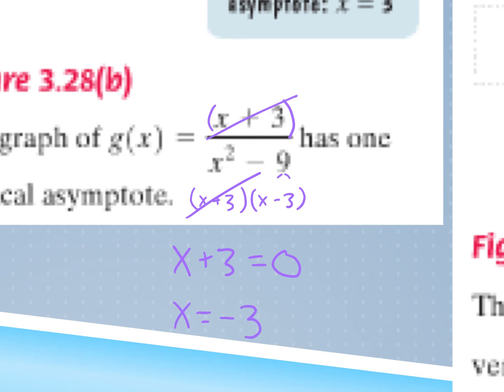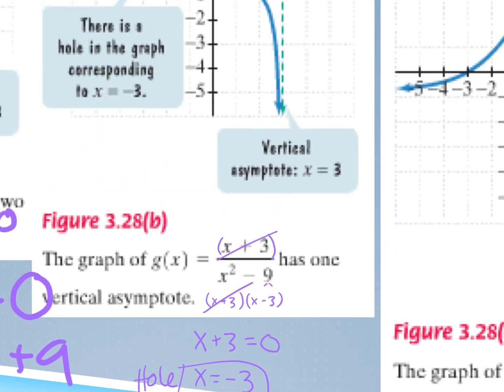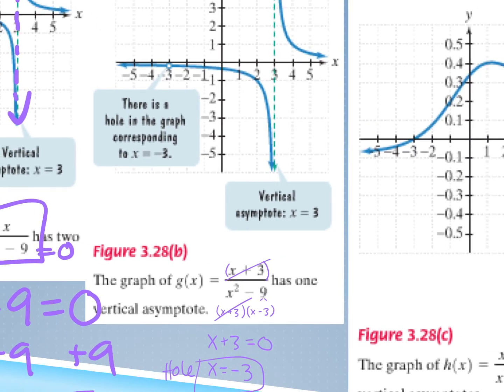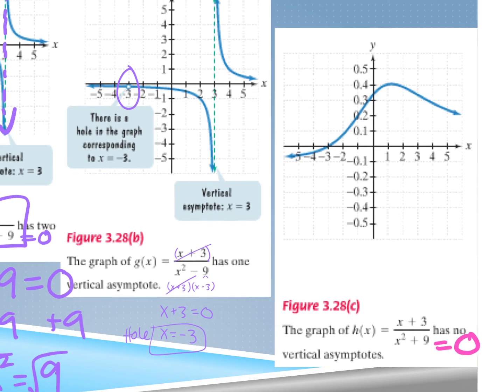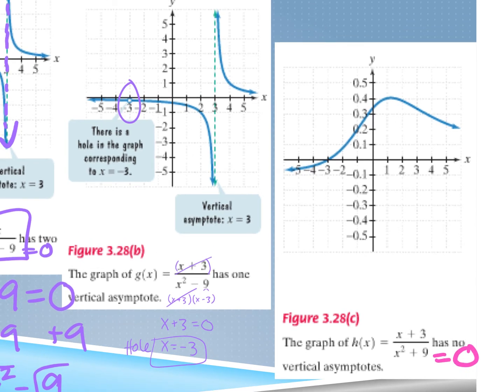So at negative 3, I have a hole. If you look on my graph here, at negative 3, there's a hole. Here our vertical asymptote would only be x equal to 3, because you can't have a vertical asymptote through a hole. The hole is just where your graph doesn't exist.